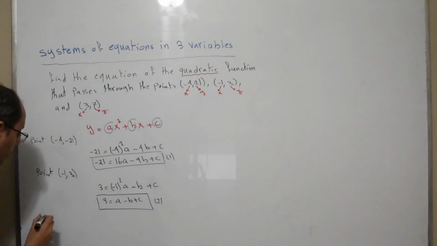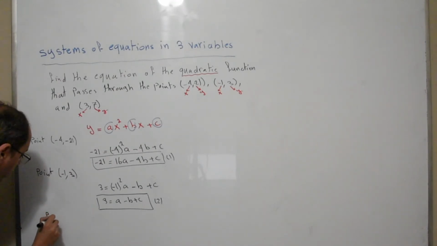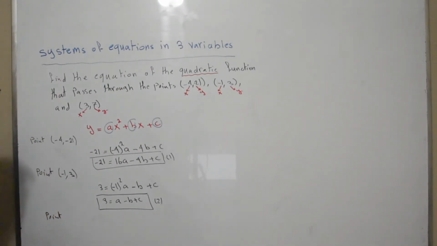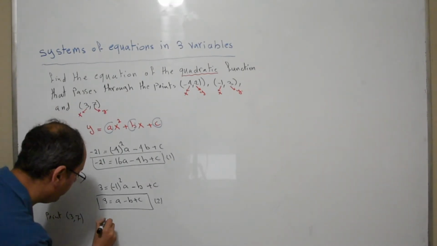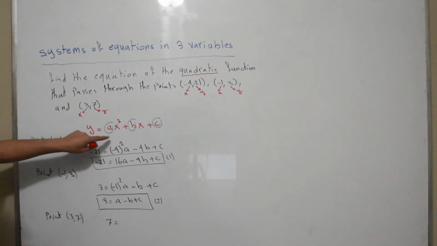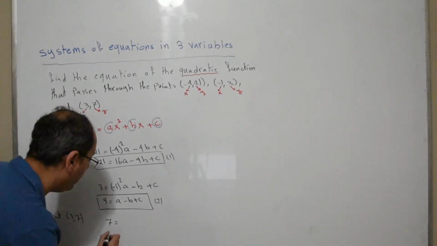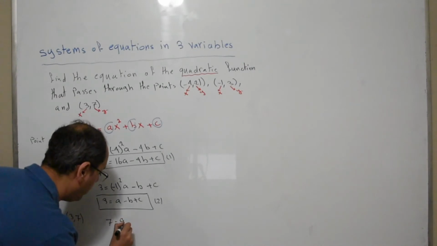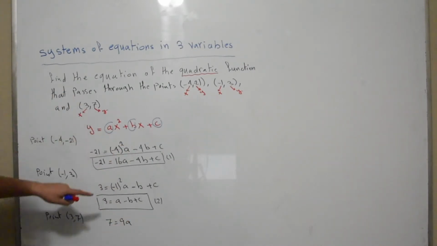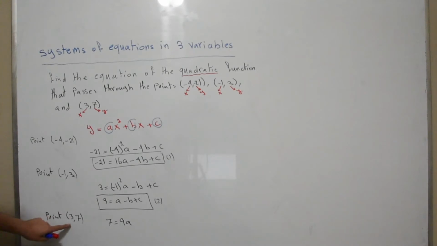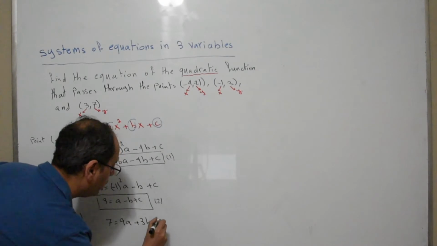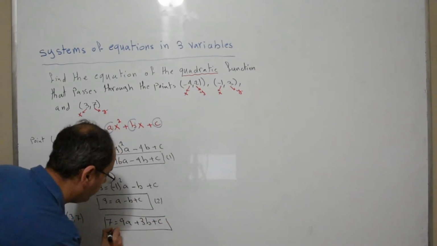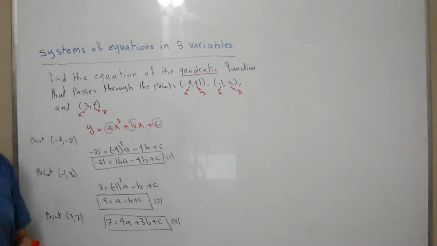And the third one, I'm going to do the same thing. The point is (3, 7). So y is 7 equals 3 squared, which is 9, times a, so 9a, and for b, x again is 3, so plus 3b plus c. This is the third one. I did this a little quickly, doing the computations in my mind.